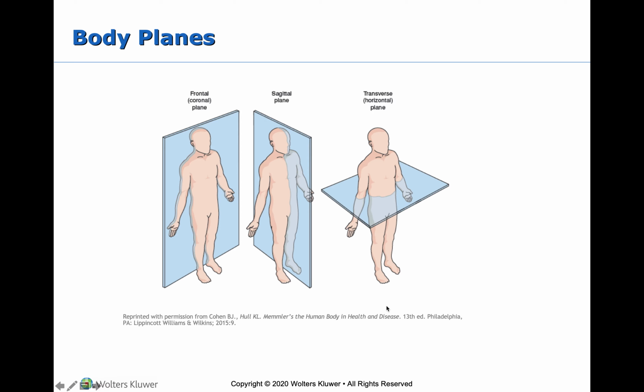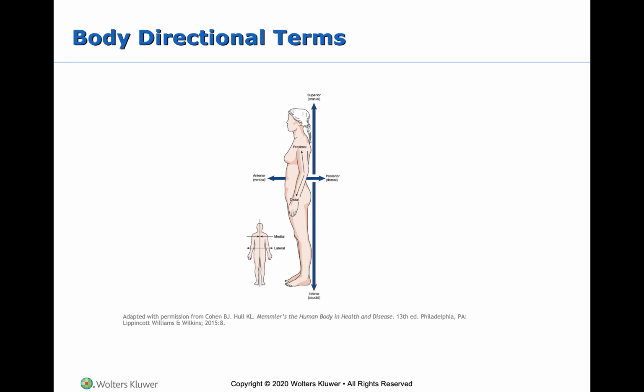Okay. So here are some directional terms. There's a really good table that you can take a look at on page 119, table 5.1. These are common paired directional terms. So a directional term basically describes the relationship of one part of your body with respect to the rest of your body.